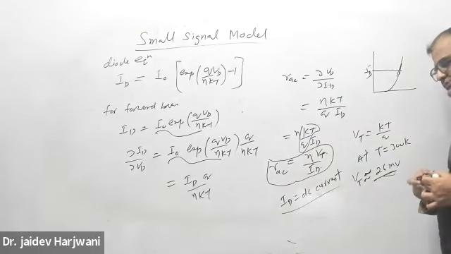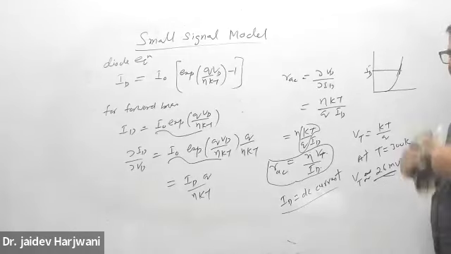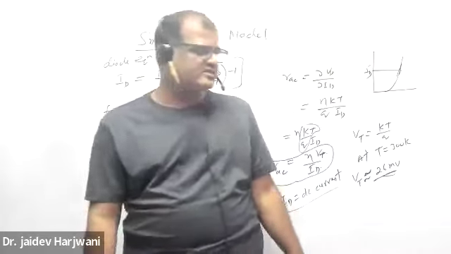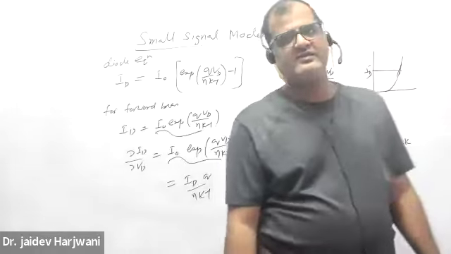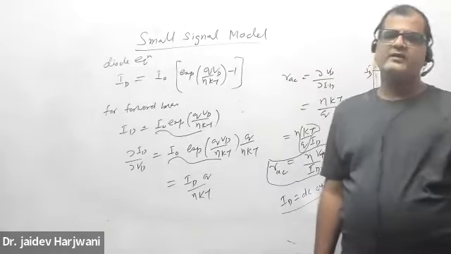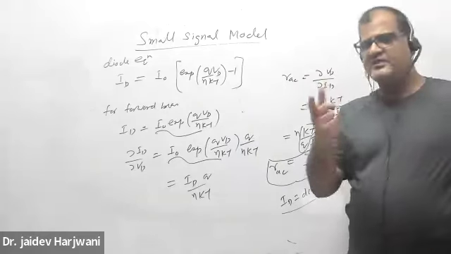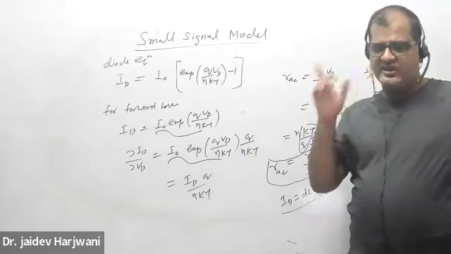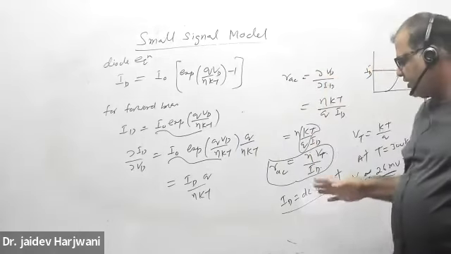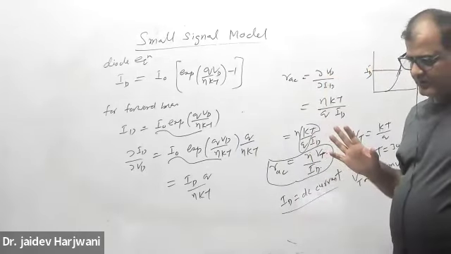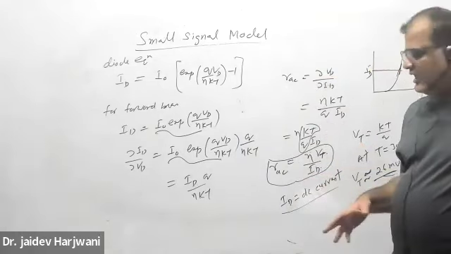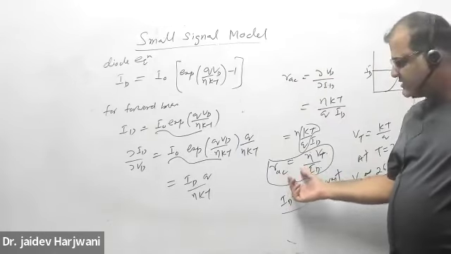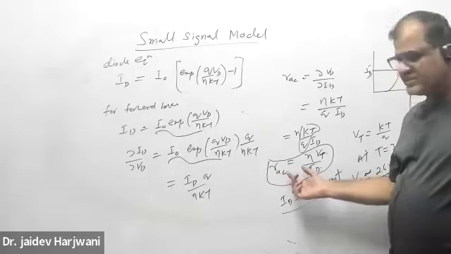Now, what does this mean? If you have a circuit, in that circuit there are two sources, one is a DC source and one is an AC source, and you want to see the effect of the AC source. So first you have to solve this circuit for DC and find out ID. Once you know the ID, after that you can find the diode resistance and you can replace this diode with this resistance.